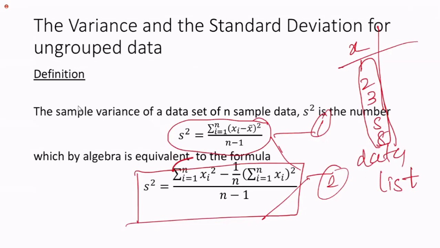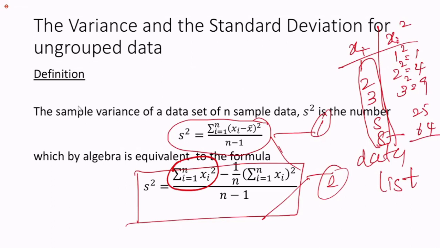First, we find sigma xi squared. 1 squared is 1, 2 squared is 4, 3 squared is 9, 5 squared is 25, 8 squared is 64, and get the summation: 103.